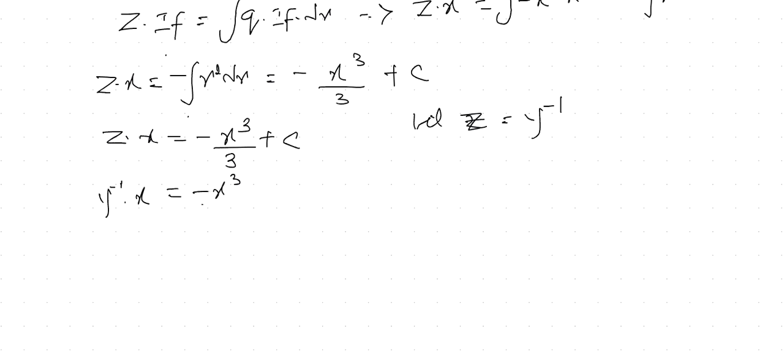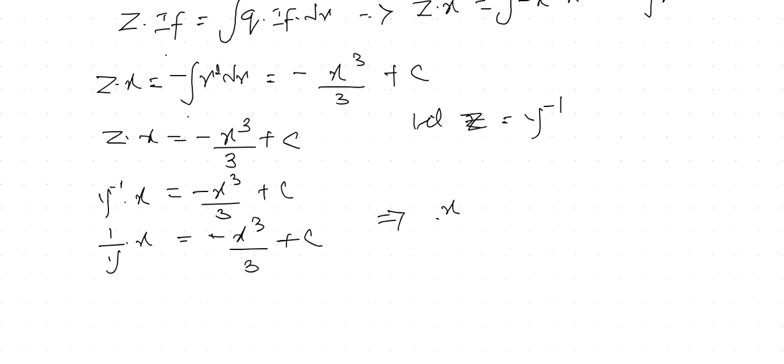So that gives 1 over y multiplied by x equals minus x raised to the power of 3 over 3 plus c, which is going to be x over y equals minus x raised to the power of 3 over 3 plus c. Then this is your answer. I hope that is clear enough.